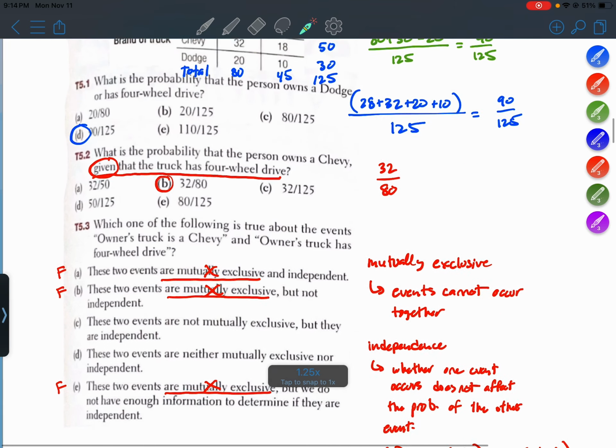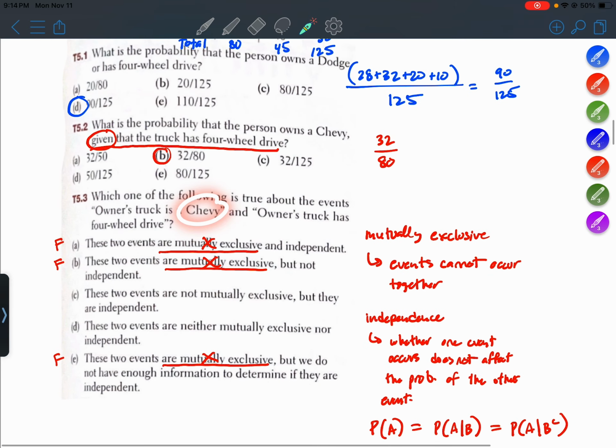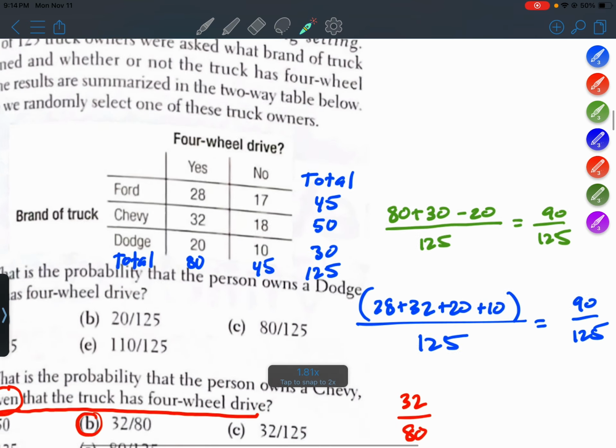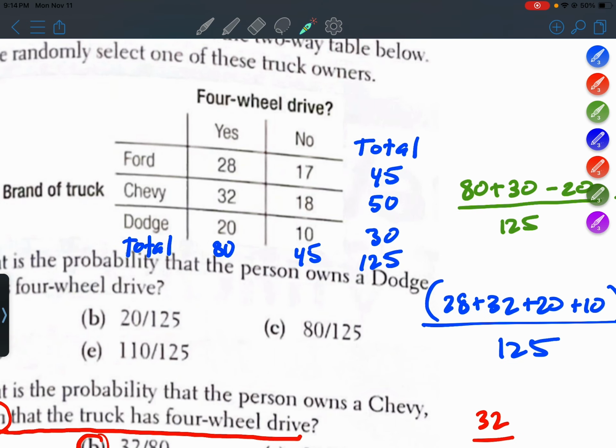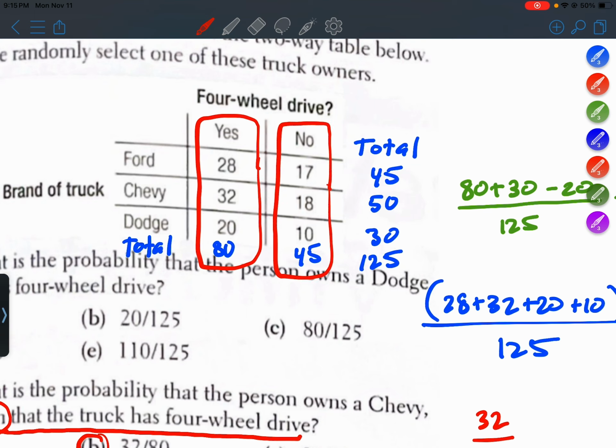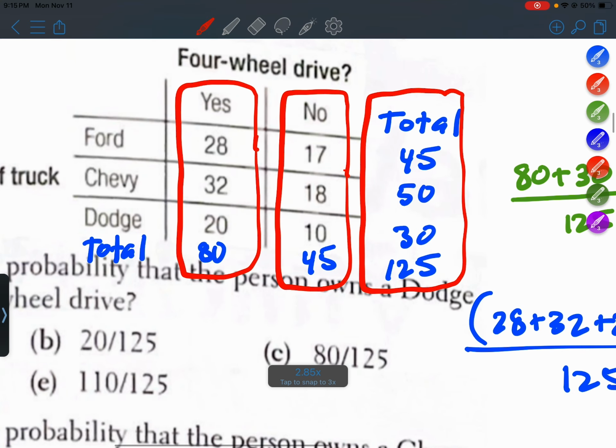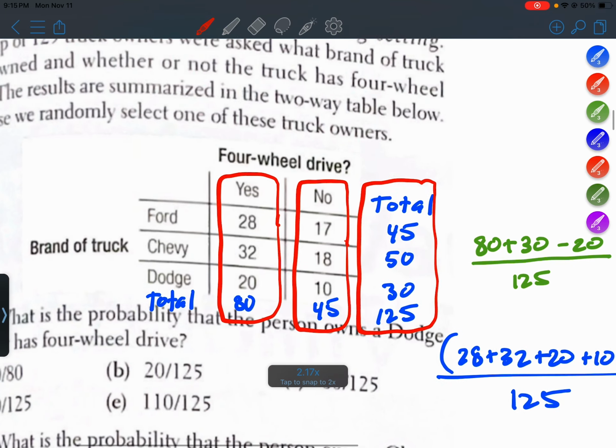So here we're looking at Chevy ownership and four-wheel drive. Let's look at the probability that somebody owns a Chevy given that the truck is four-wheel drive. We'll find the probability that they own a Chevy given that it's not four-wheel drive, and then the overall probability that somebody owns a Chevy.